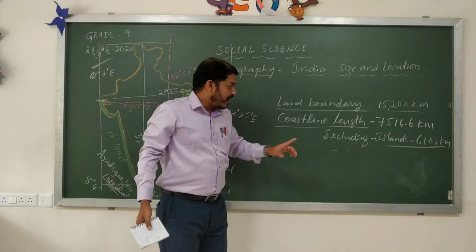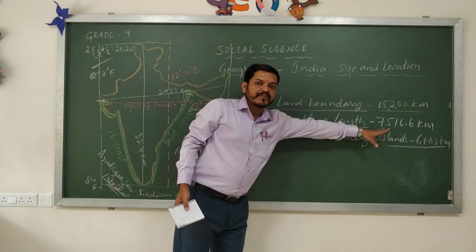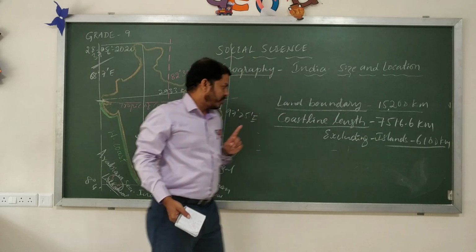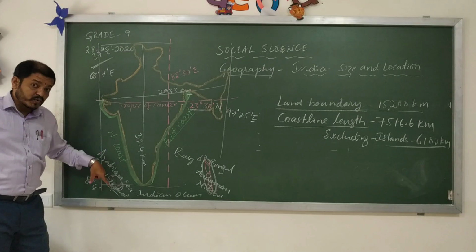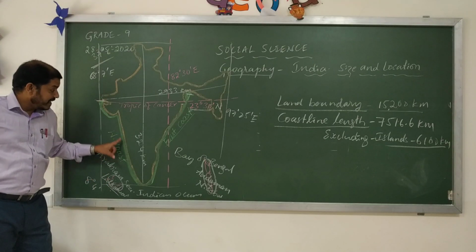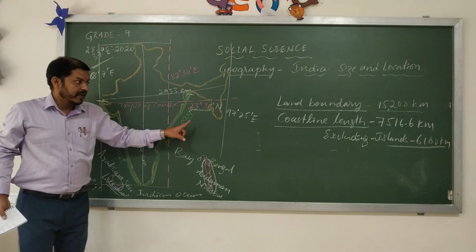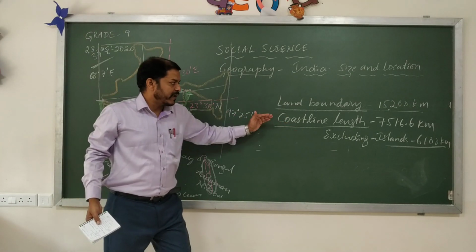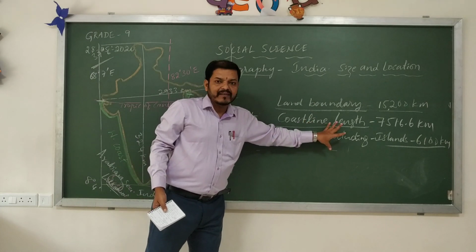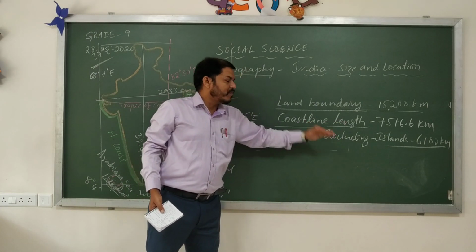If they specify excluding islands, 6,100 kilometers. Except Andaman Nicobar and Lakshadweep and their coastal area, if you take only the mainland and its coastal area, it is 6,100 kilometers. There are chances of different questions being asked based on the different kilometers in the boundary.